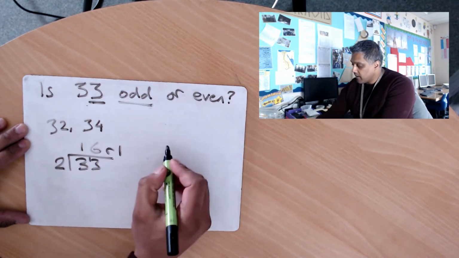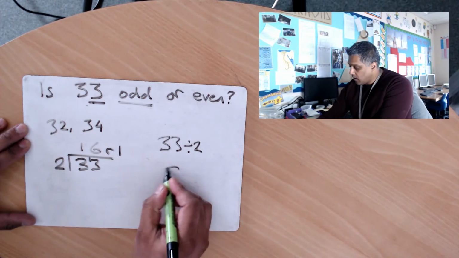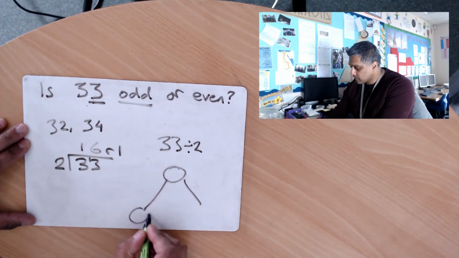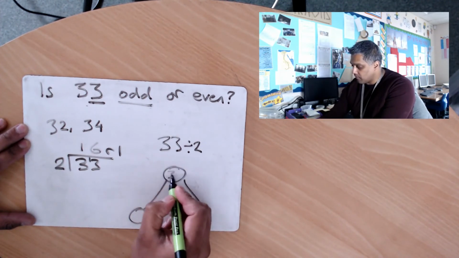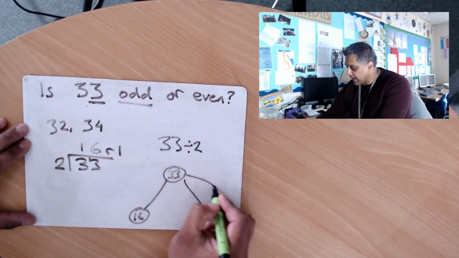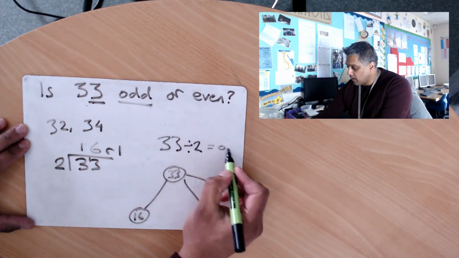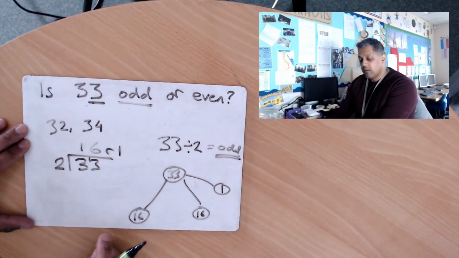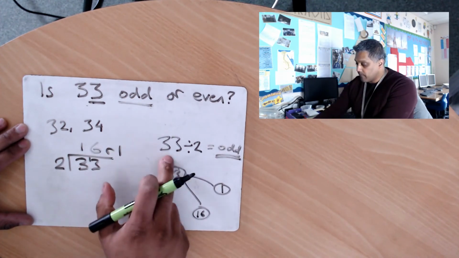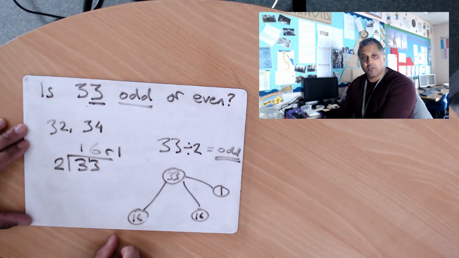So if I divided 33 into two groups, there's my 33, I'd have 16 in this group, 16 in that group, and I'd have 1 left over. So this has to be an odd number. 33 is an odd number because I cannot share it into my two groups.